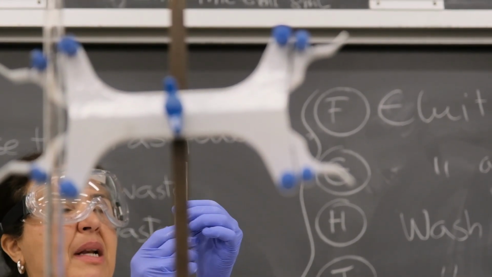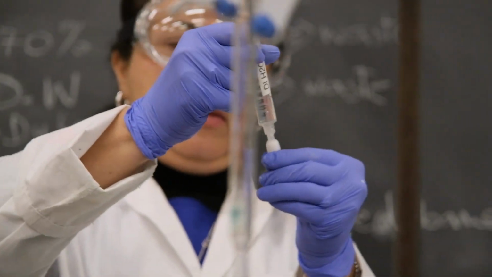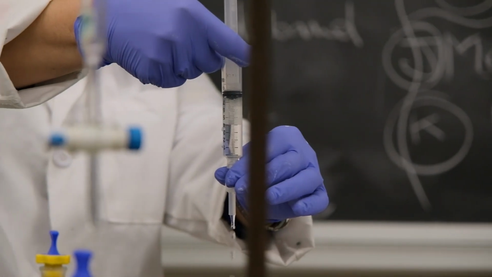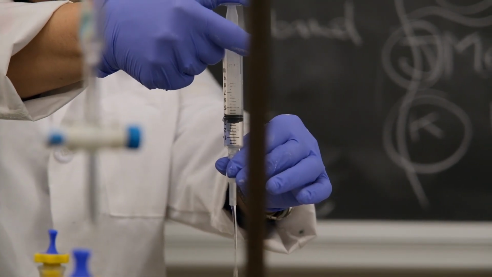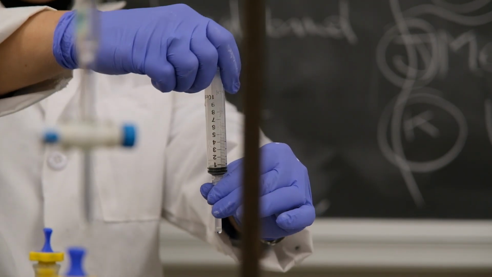Once you have the 10 milliliters, you load on the column like this, and you push down the deionized water. The deionized water activates the cartridge.